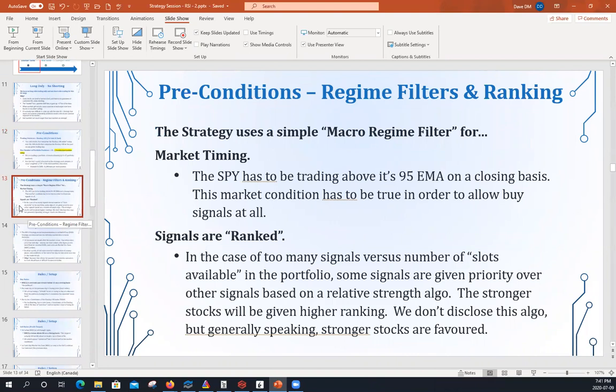Okay, so the regime filter: the SPY has to be above its 95 EMA on a closing basis. I do actually have this memorized, but I'll show the slides as well. So it has to be above its 95 EMA.